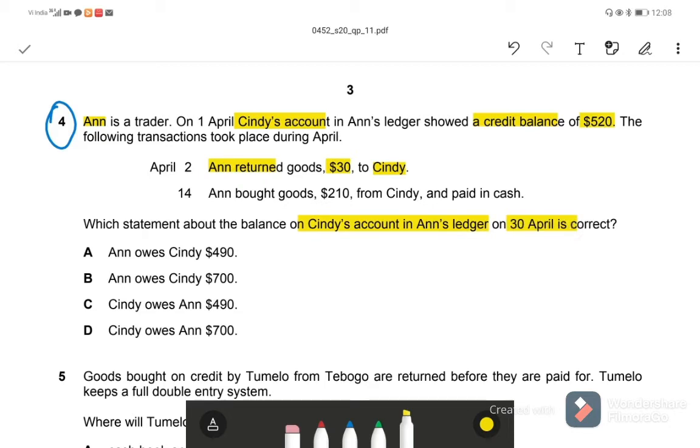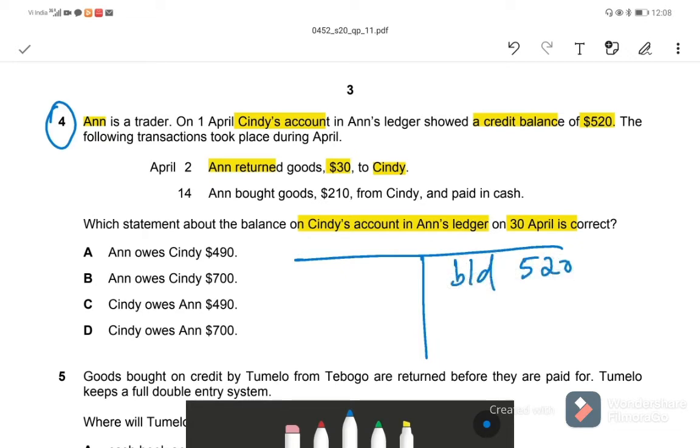Here, Cindy's account in Anne's ledger showed a credit balance. It means Cindy is Anne's creditor. It means the supplier. Credit balance 520, balance brought down 520.